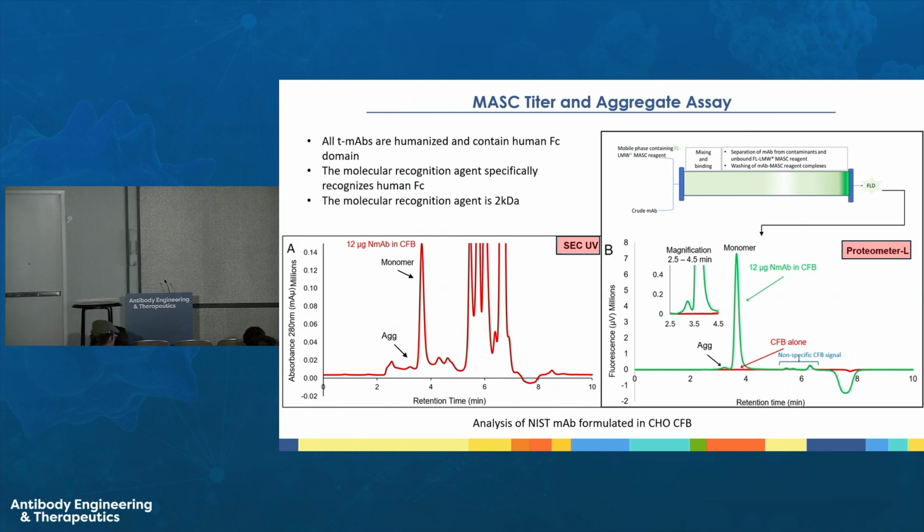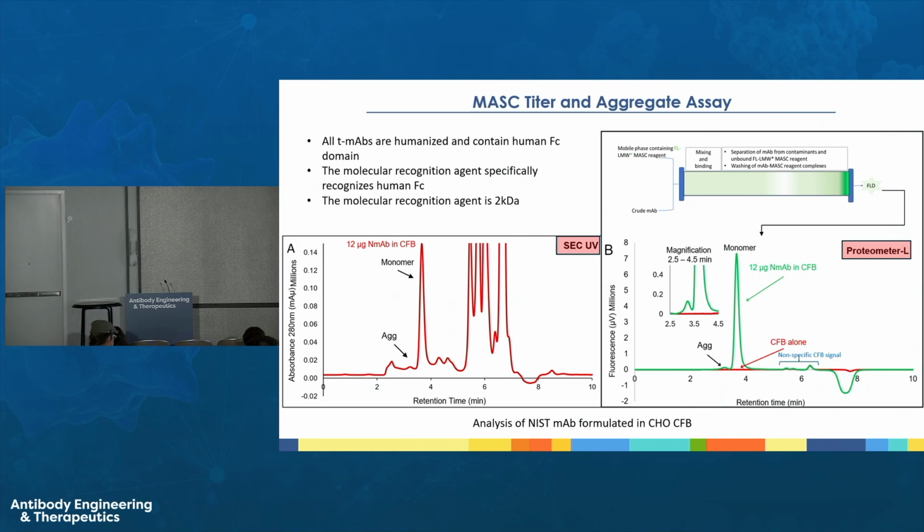You'll also notice that this assay is applicable to any molecule that contains human Fc. It could be a recombinant protein that contains human Fc. It could be any human or humanized IgG, mAb therapeutic, or any reagent too. And because the molecular recognition agent is only 2 kilodaltons and the IgG is 150 kilodaltons, you just don't see any change in the retention time because of the binding.